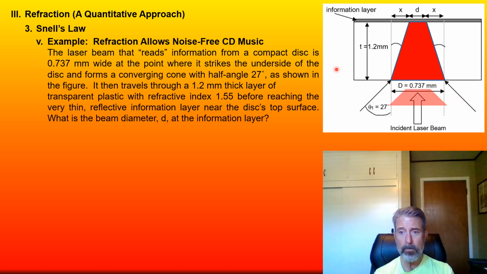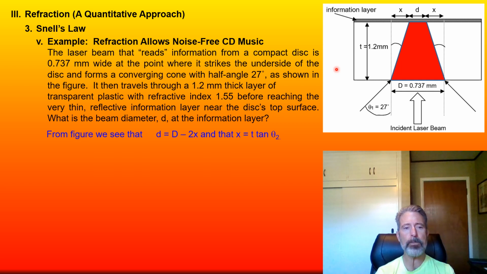All right, I'm going to get rid of that so we can see our numbers. You can see from the figure that the dimension of the beam we're asked to find, little d, on the information layer, should be equal to the beam width where it enters the plastic layer, big D, minus 2x.